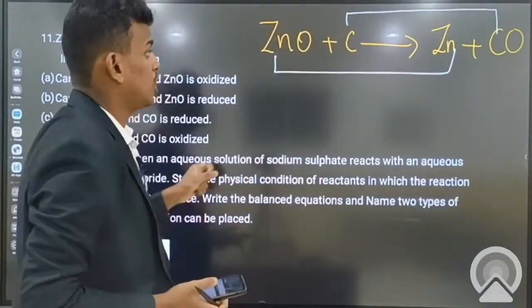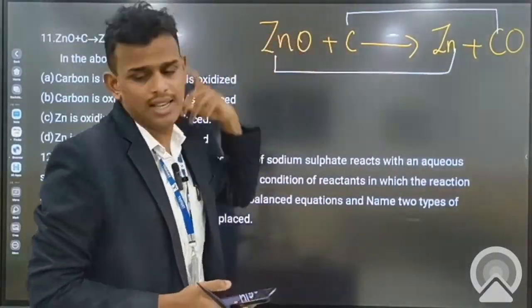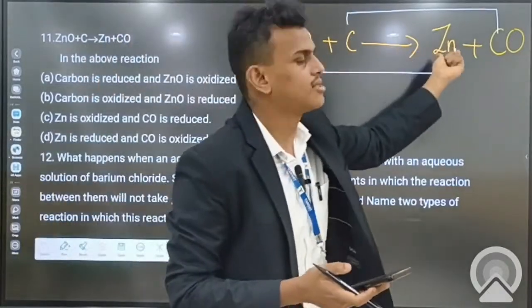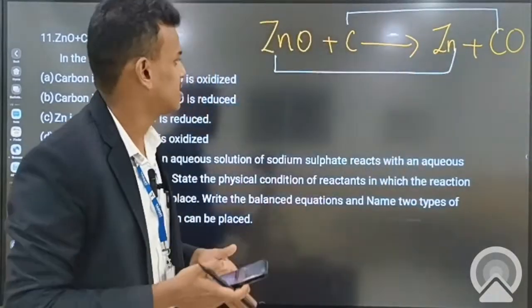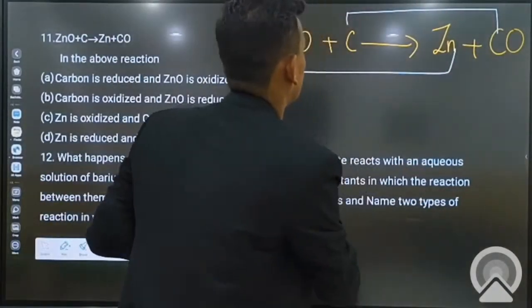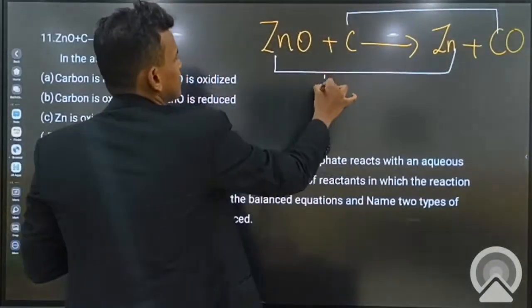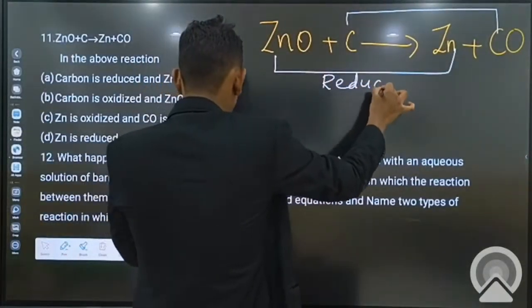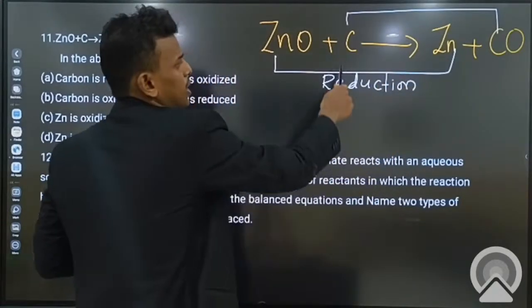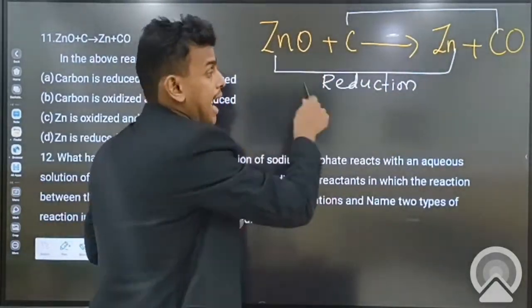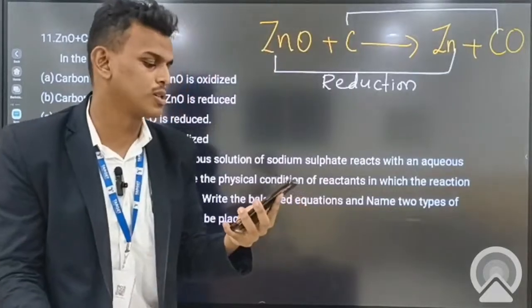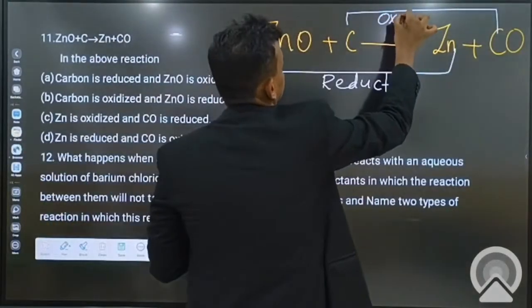What is the change? Here zinc has oxygen with it, but here only zinc is there, alone. So you can see this is reduction, correct? Here carbon is alone. Addition of oxygen happened, then carbon monoxide is formed. That is oxidation.